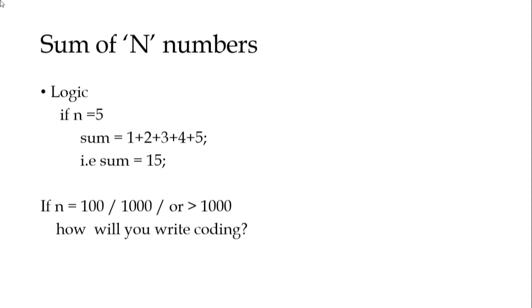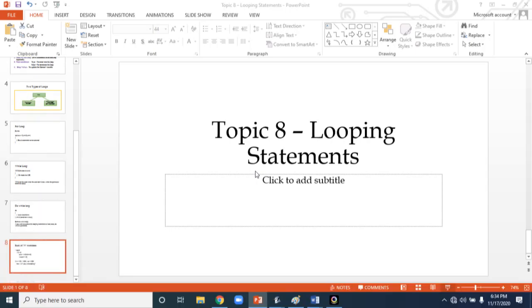Here we need to find the sum of the first 100 numbers, so we are doing the addition task repeatedly until we reach the value n is equal to 100. So if you want to execute a particular task repeatedly, you have to use looping statements.